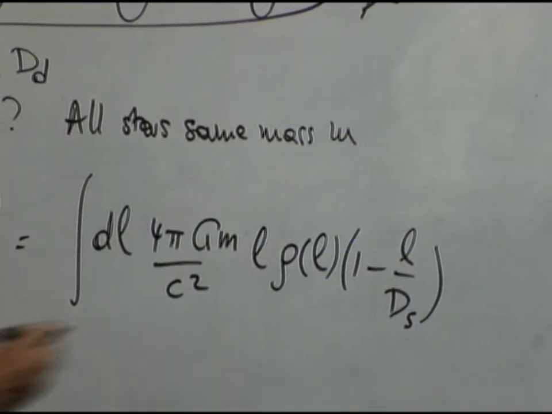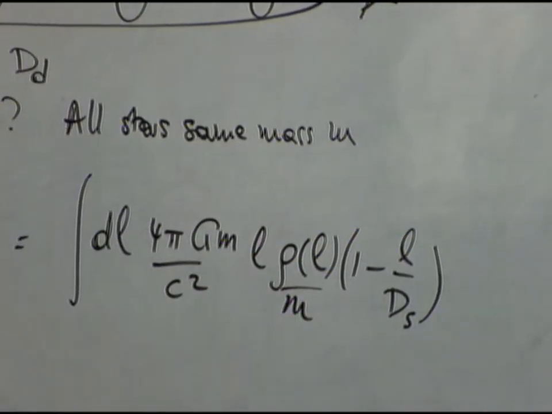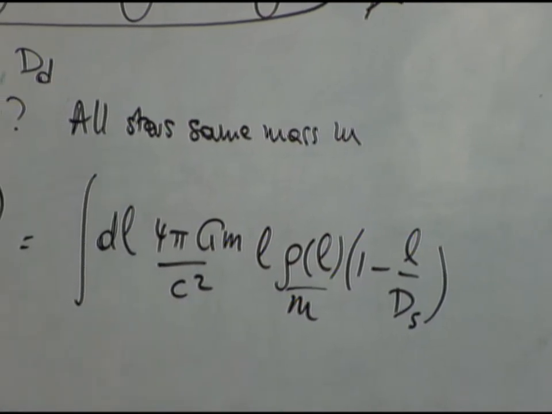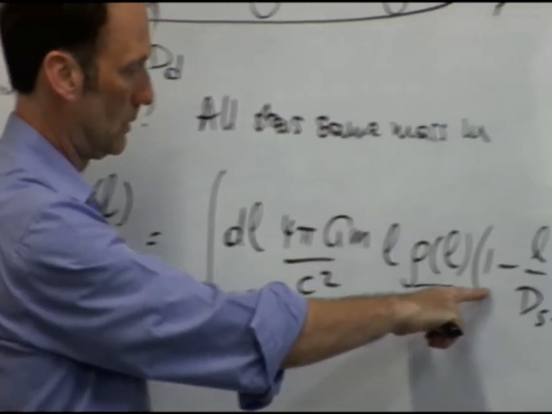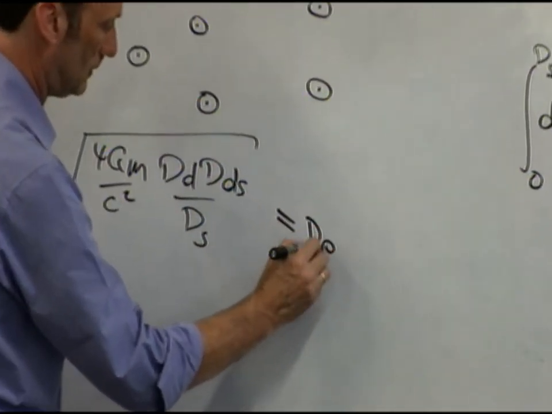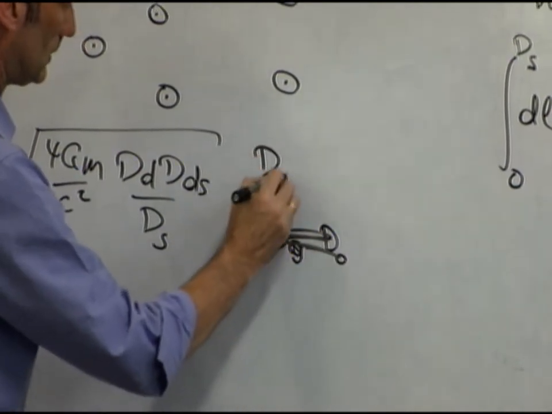So I've kept the rho of L over m, and I've replaced R_E squared by what's inside this square root here. I've replaced d_d by d_s minus d_d, d_ds.